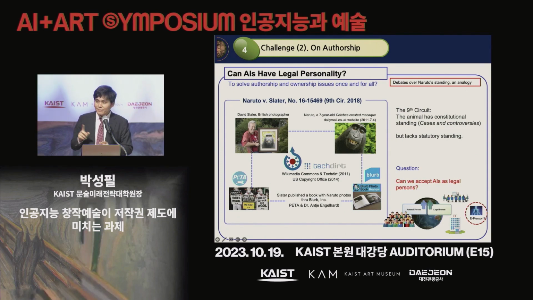So if we can provide legal personality for animals, then we can think about e-personality over artificial intelligence. This is what they are talking about to solve all these challenges, the problems of copyright and other legal issues.